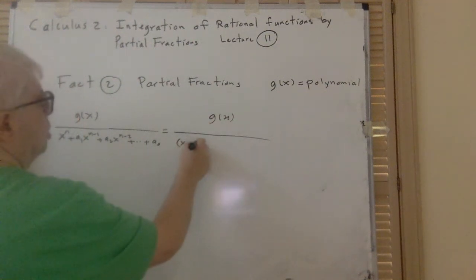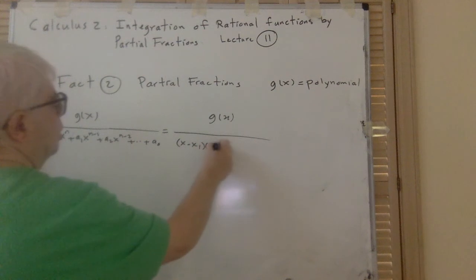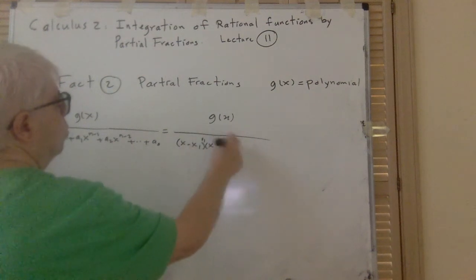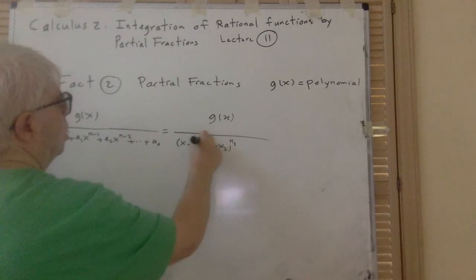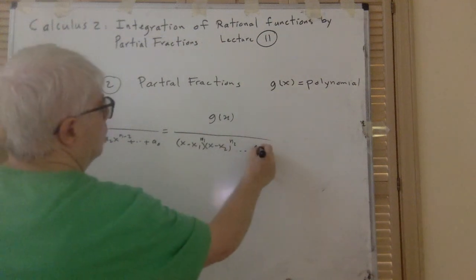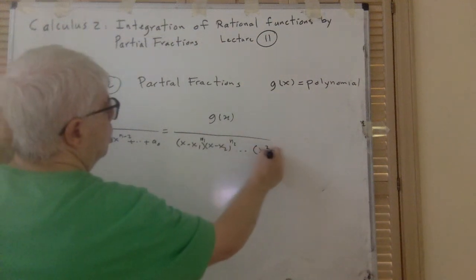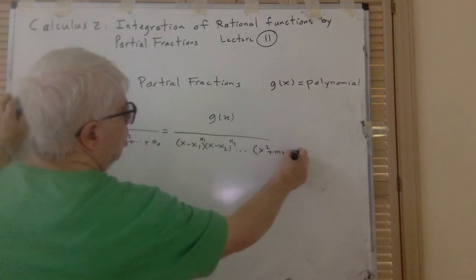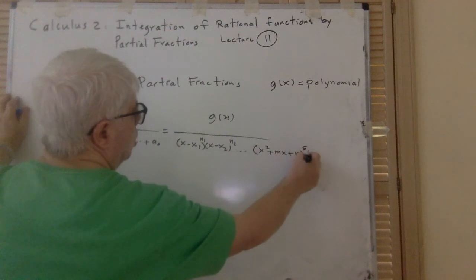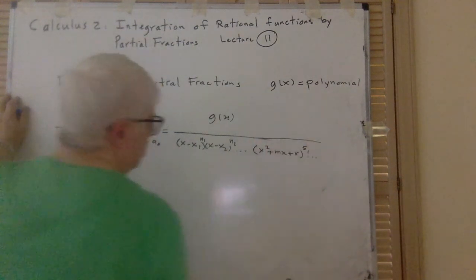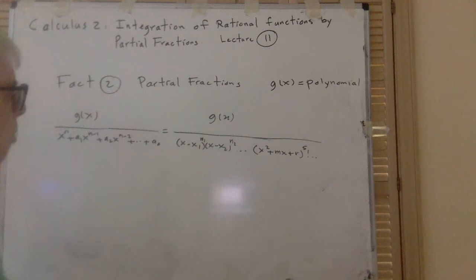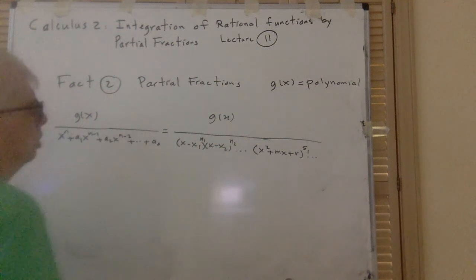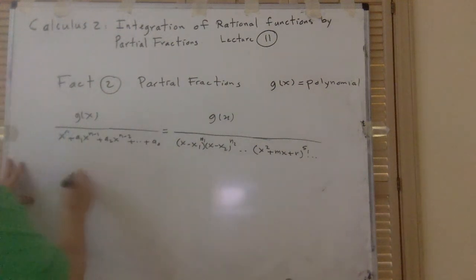Remember, we factorize (x minus x1) to the power n1, (x minus x2) to the power n2, and (x squared plus mx plus r) to the power s1, and so on. So now this is equivalent, not equal, equivalent to this.